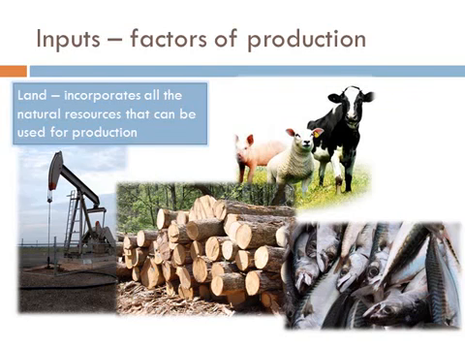We very much like categories in business studies. So we're going to see if we can categorize the inputs that a business has into something called factors of production. So the first one we're going to look at is land. So the first factor of production is land. This incorporates all the natural resources that can be used for production. So say for instance oil, wood, fish, livestock, they're all classed as land.